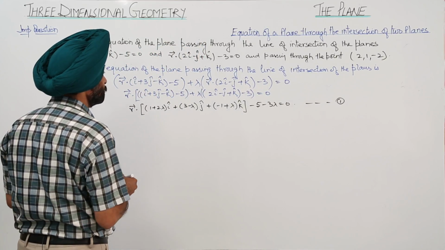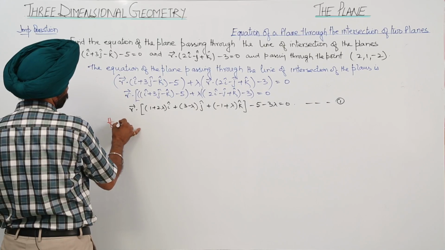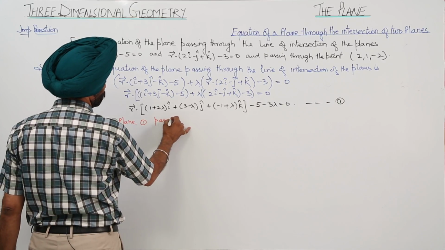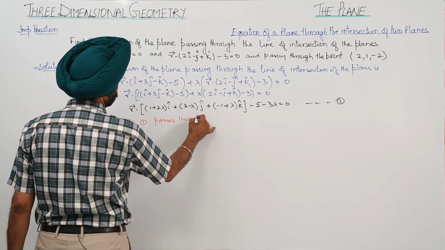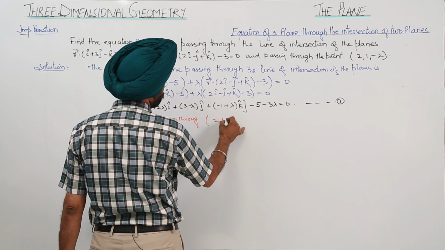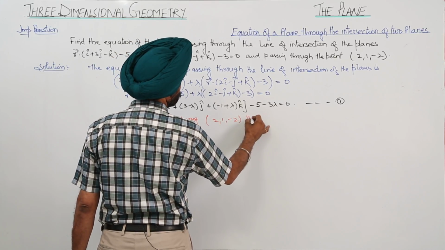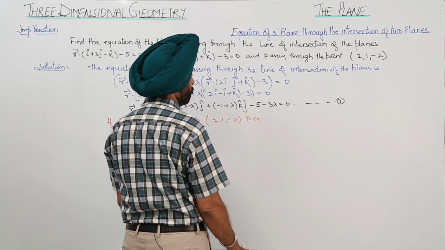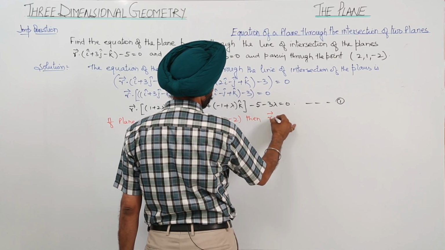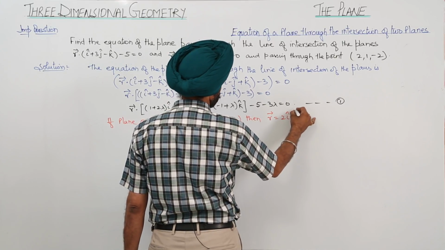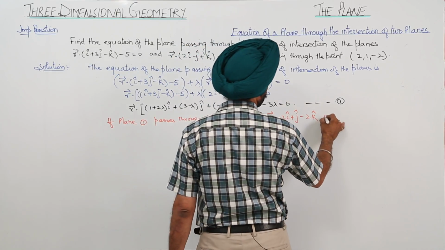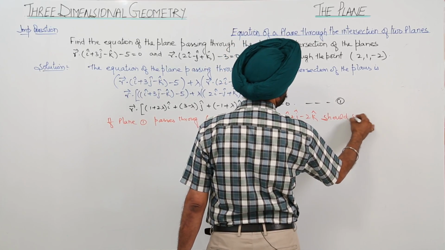Now, if plane 1 passes through 2, 1, minus 2, then vector r is equal to 2 i cap plus j cap minus 2 k cap should satisfy it.